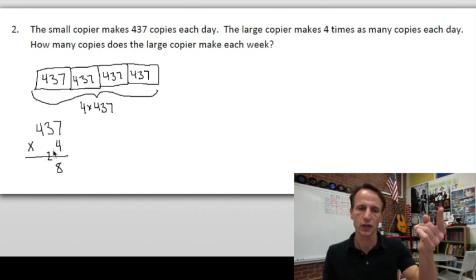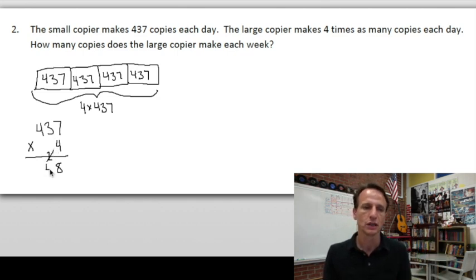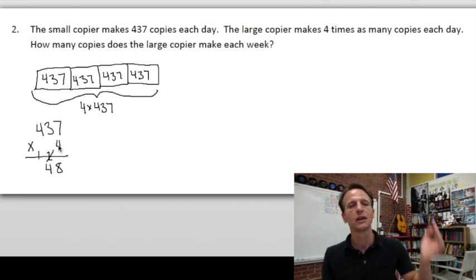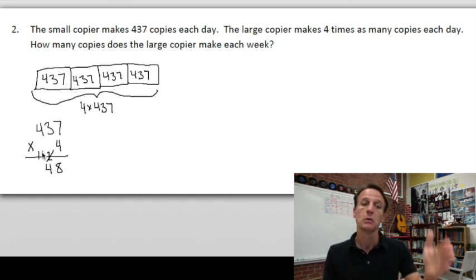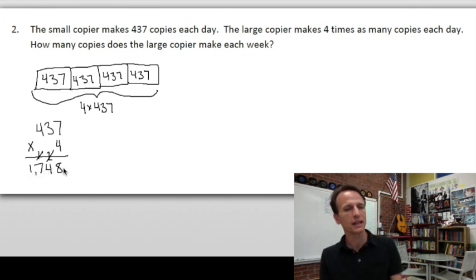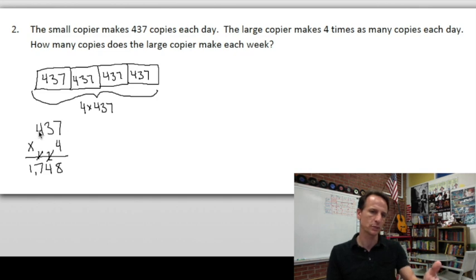Cross it out with me. 12 plus 2 is 14. Place the 4, regroup the 1 in the tens place. 4 times 4, 16, plus 1 is 17. So 1,748. That makes sense because this would be about 400 times 4 is 1,600. We're in the right neighborhood. It's not crazy.